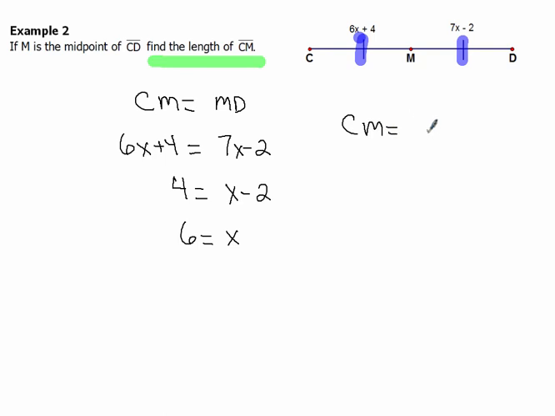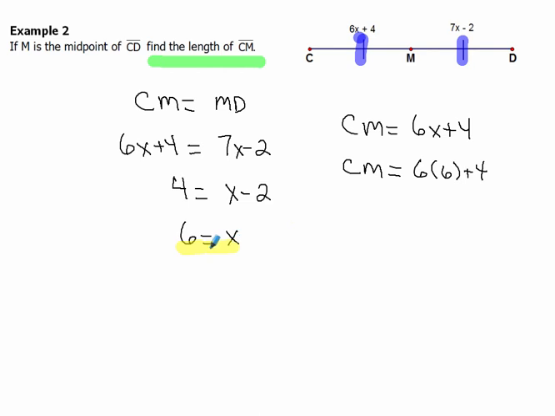So CM is represented by the expression 6x plus 4. Now I know that x is 6. So I'm just going to take that value of 6 and plug that in for x. And again, notice how I'm writing my equation, keeping everything nice, neat, and organized.